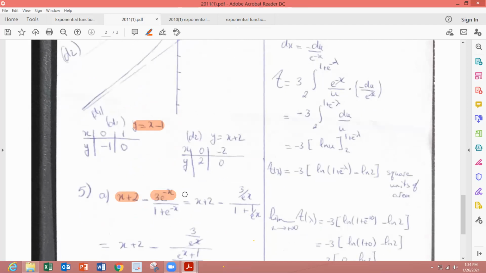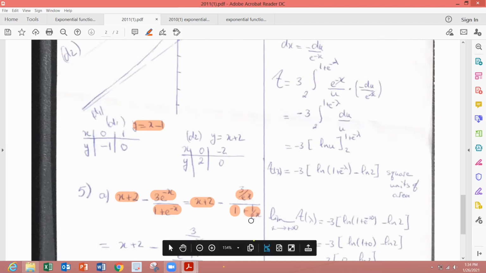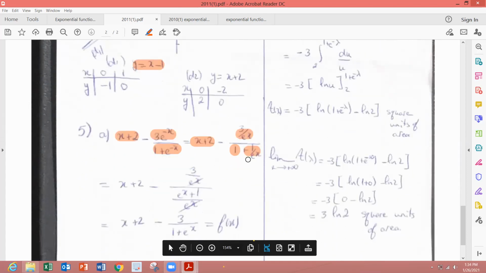I keep x plus 2. Making e to the minus x a positive power, it becomes 3 over e to the x, over 1 plus 1 over e to the x. Any questions still here? Can you bring it directly down? Yes, you can.